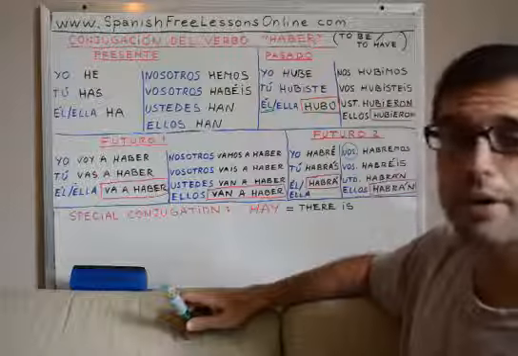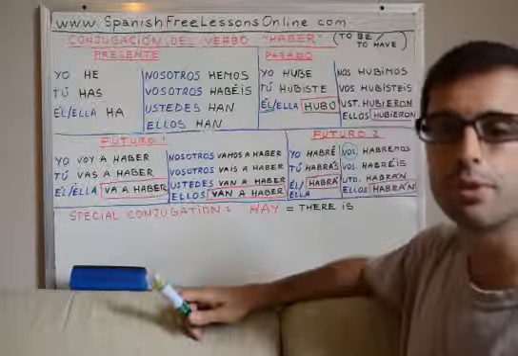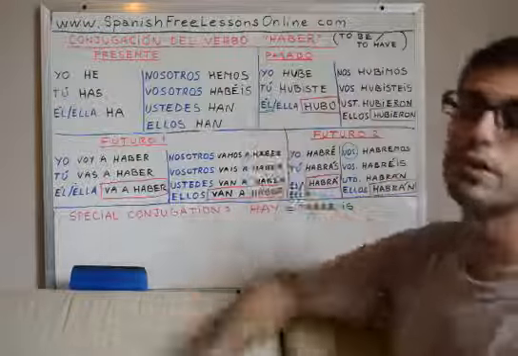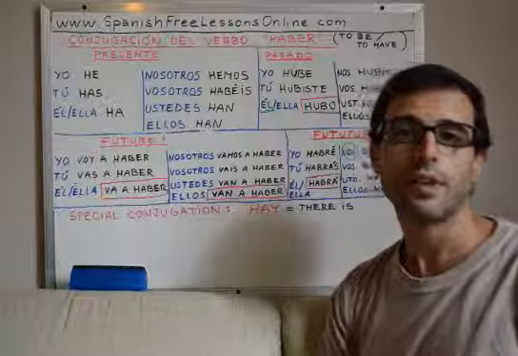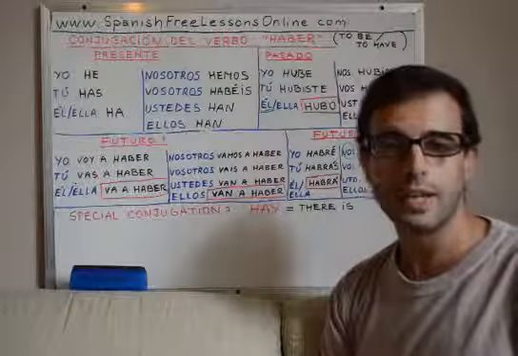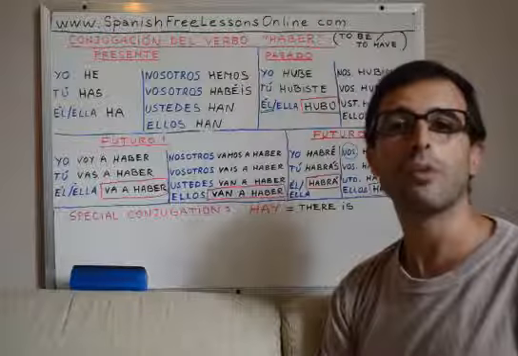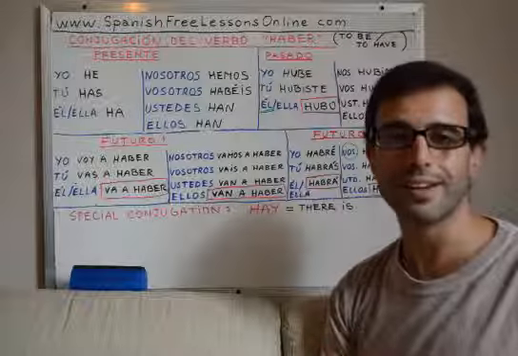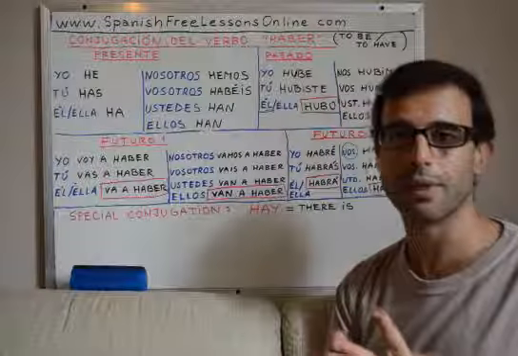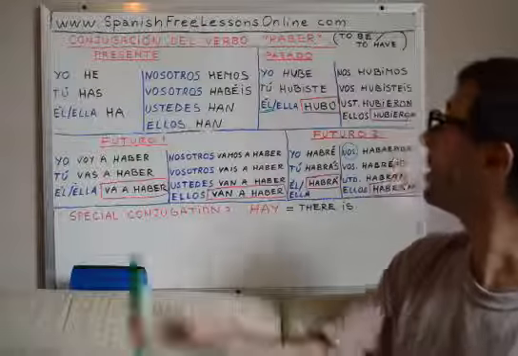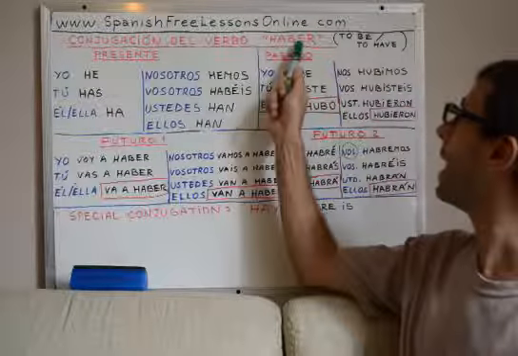The verb haber corresponds with the English verbs to be and to have, right? It's complicated because the verb to be in English has a correspondence with two Spanish verbs, ser and estar, and in a way also with the verb haber.